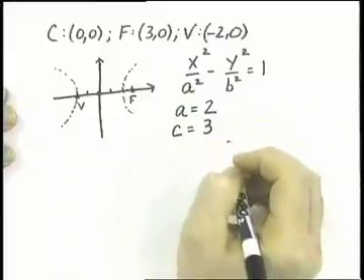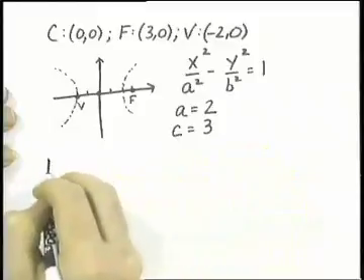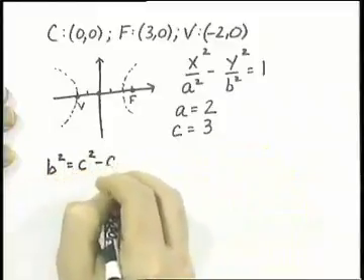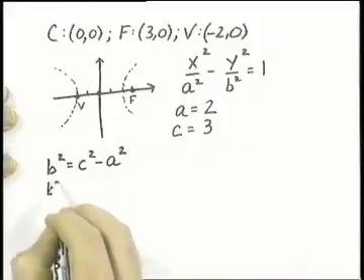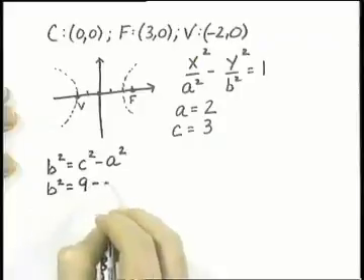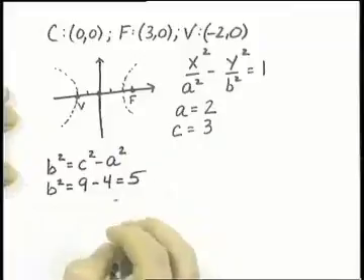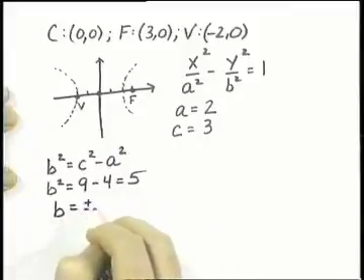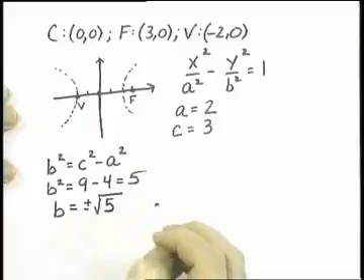We can find the value of B simply by using the fact that B squared equals C squared minus A squared. Well, that means that B squared equals 3 squared, or 9, minus 2 squared, or 4. 9 minus 4 is 5. Therefore, B equals plus or minus the square root of 5.